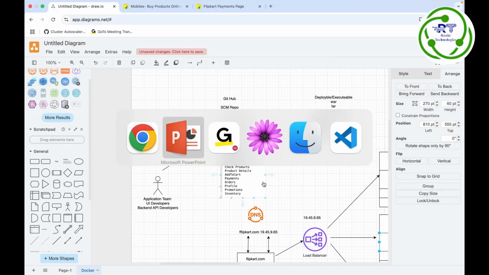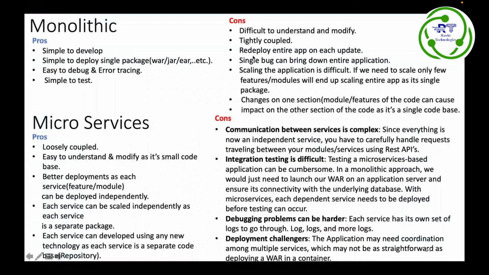Difficult to understand and modify the code. You have a single code base with all the modules. So you have a huge code base. There is so much source code.